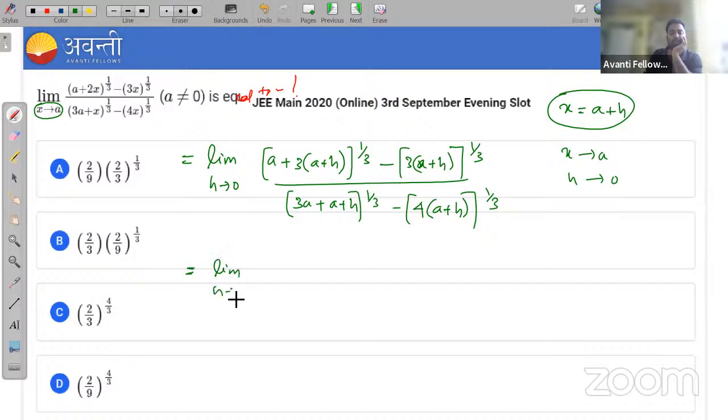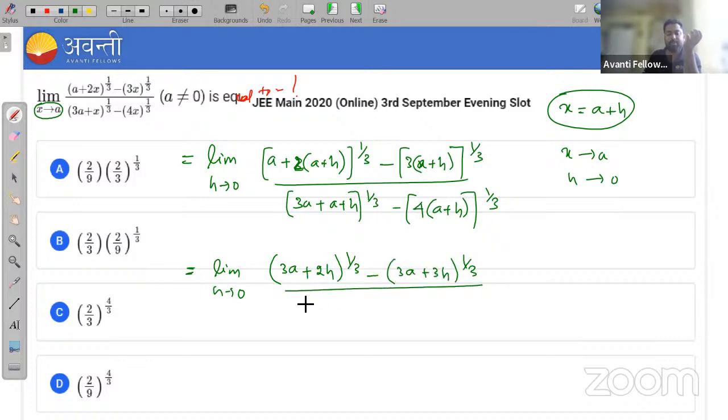So limit h tending to 0, this becomes a plus 2a, that is 3a, and then (3a plus 2h)^(1/3) minus (3a plus 3h)^(1/3), whole divided by, this becomes (4a plus h)^(1/3) minus (4a plus 4h)^(1/3). Right?